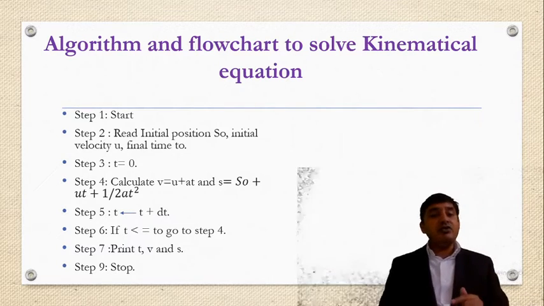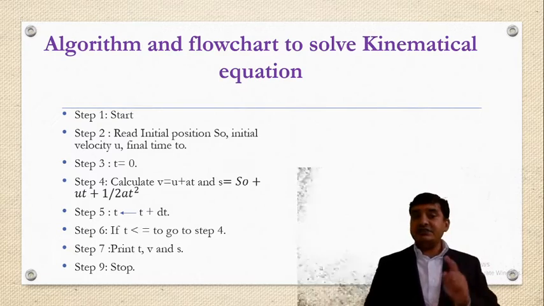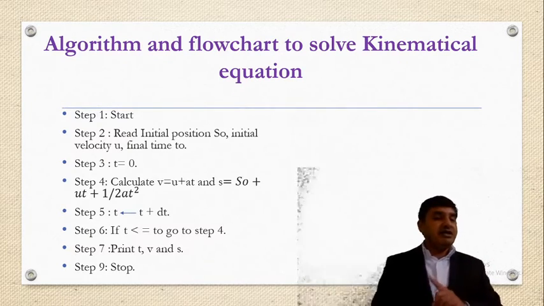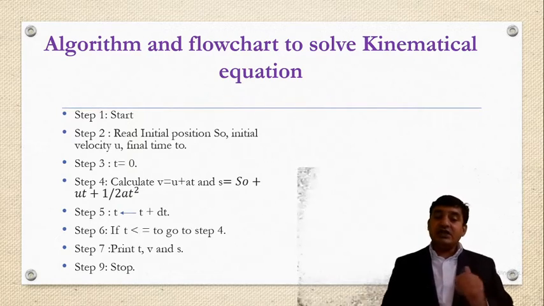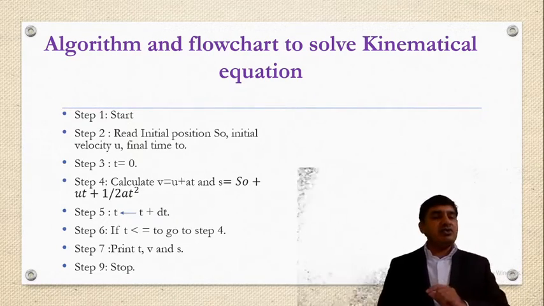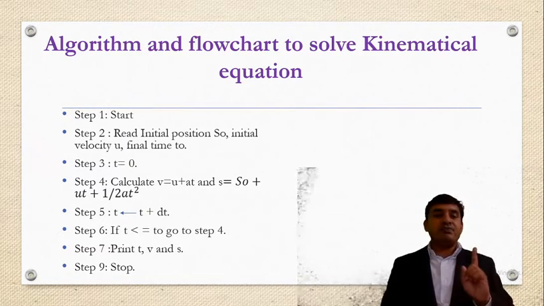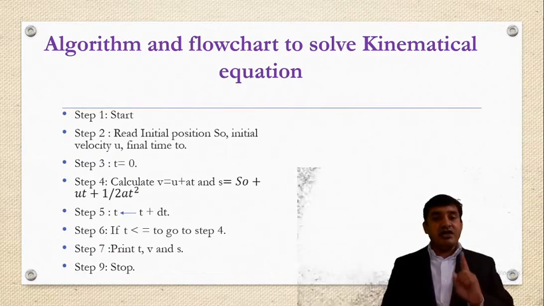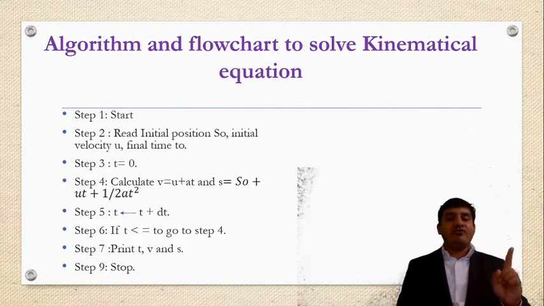Now t is incremented by dt, so t is equal to t plus dt. Now we have to check the condition: is t less than or equal to t0, the final time? If it is less than or equal to t0, then go to step 4.